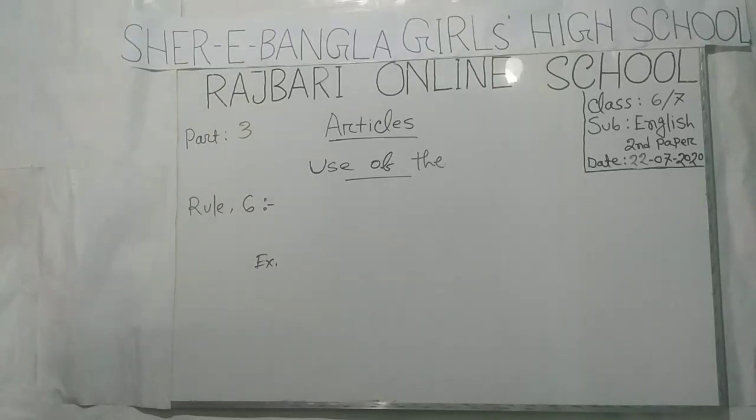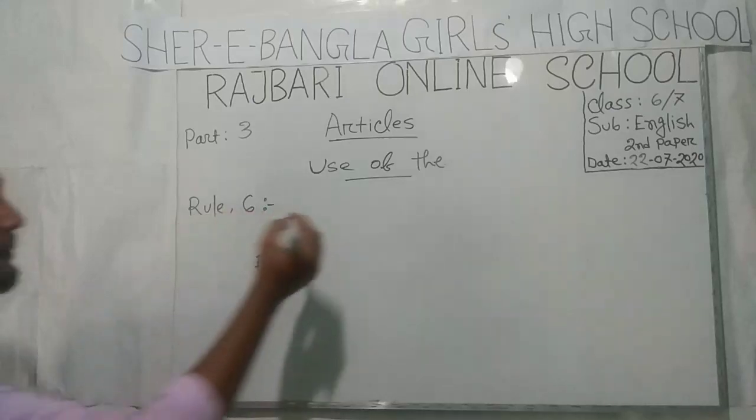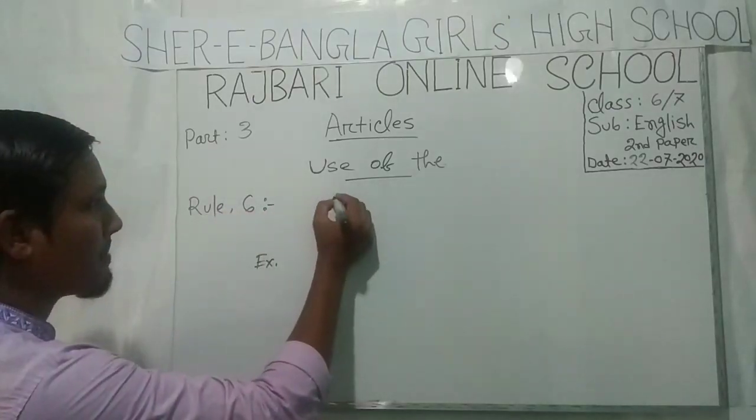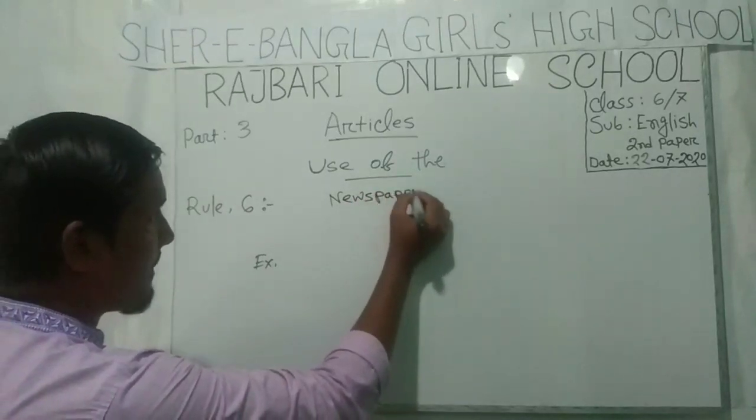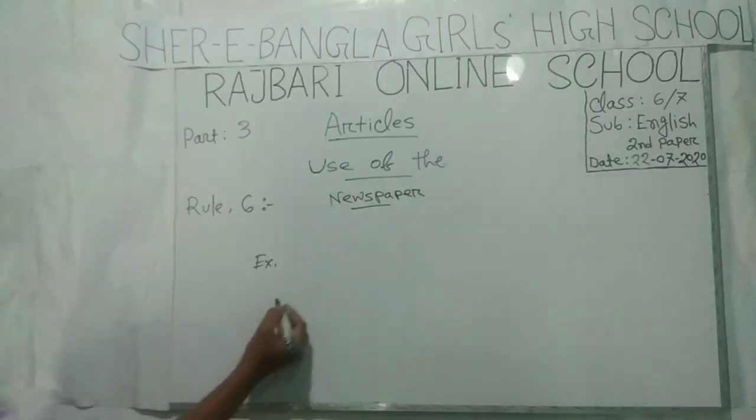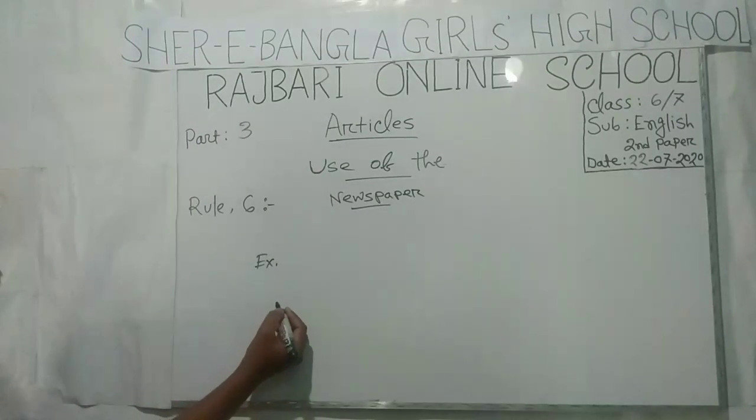If you see such a word, the name of a newspaper, you have to use the article "the", like that: Daily Star, newspaper. You can remember this word, that is newspaper.